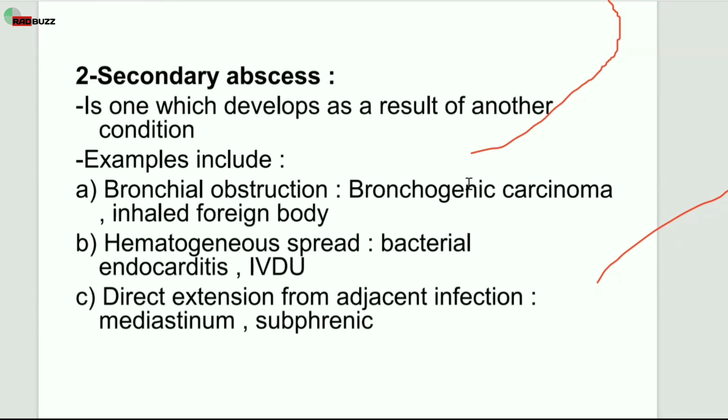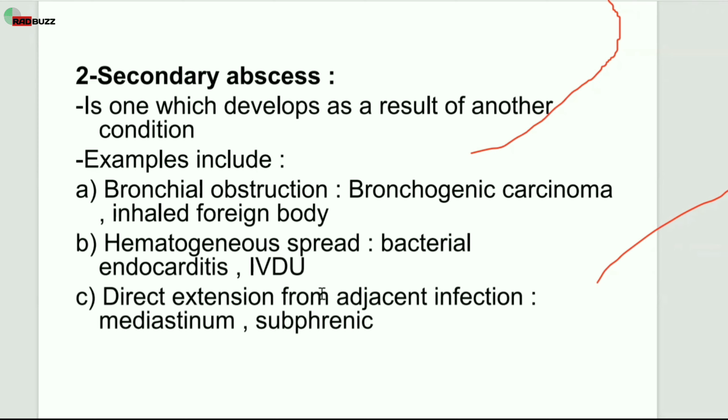Hematogenous spread of infection, like bacterial endocarditis. There will be spread of infection through the bloodstream into the lungs, and intrauterine devices, if they are infected, will also spread infection through the bloodstream. And direct extension from the mediastinum to subphrenic.